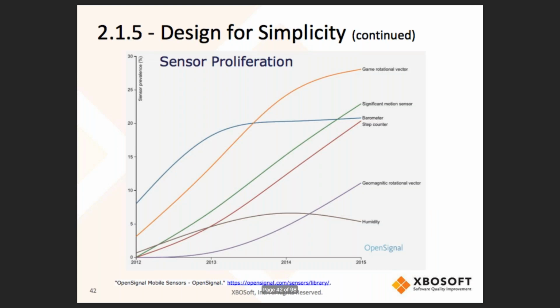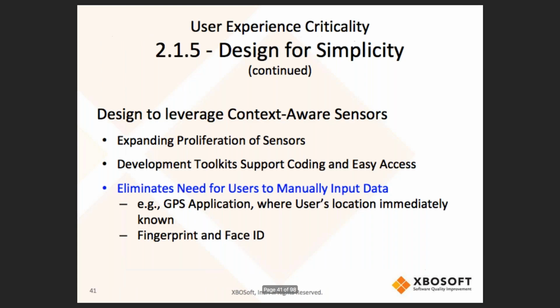And this just shows some of the trends of some of the sensors that have been incorporated. There are more sensors now that are available. But geomagnetic, they talk about a significant motion sensor with accelerometers and so forth that are in that. It's not even listed here, but there are many more sensors than this now.